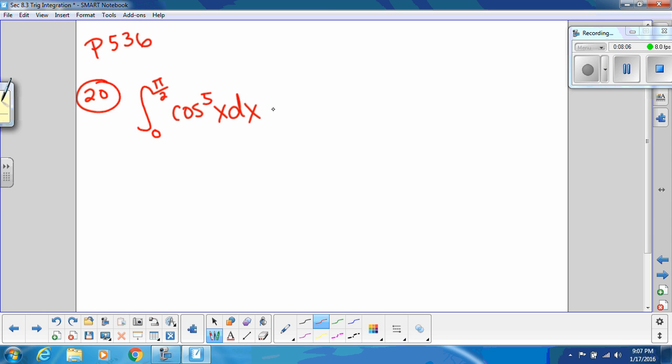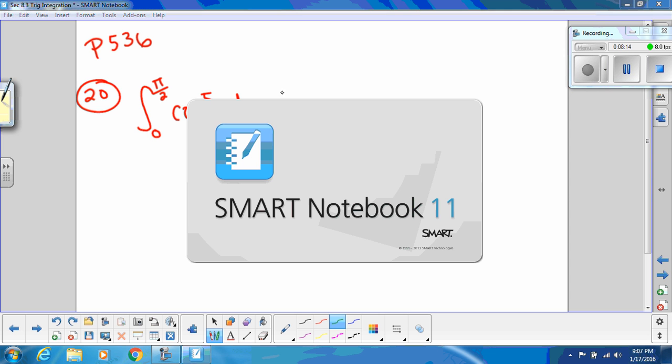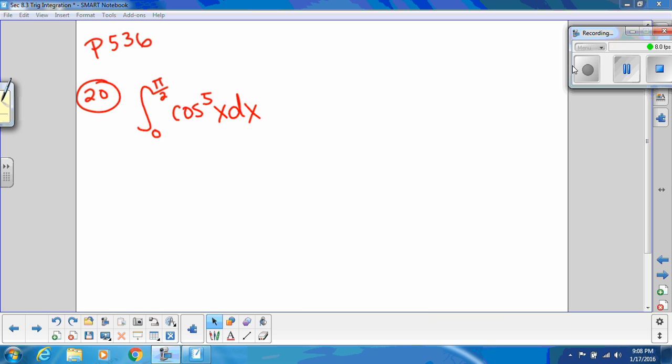Wallace says that if I have cosine raised to an odd power, then if this is cosine to the 5th power, it's going to be equal to doing these fractions.